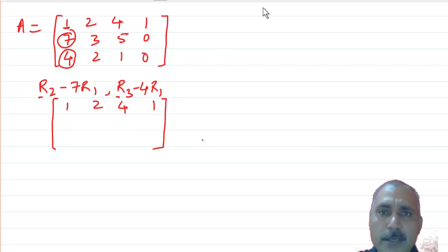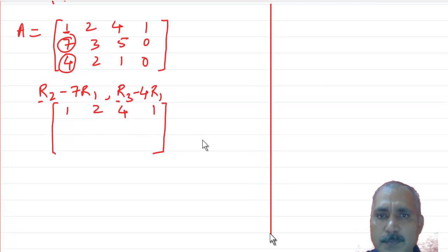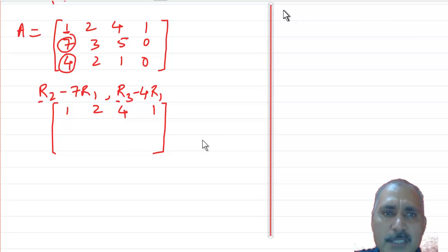Now we will do the rough work to find out what is going to be the new R2. For that, we will create a rough space. Now the operation is R2 minus 7 times R1.